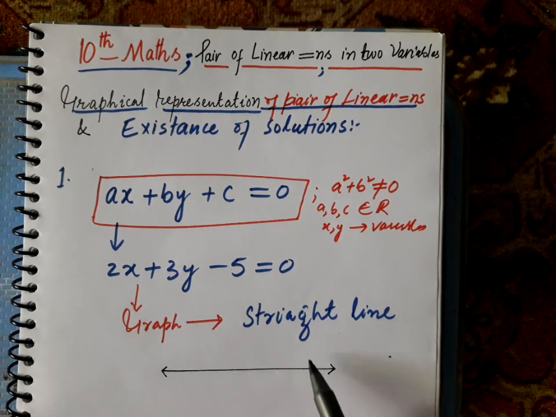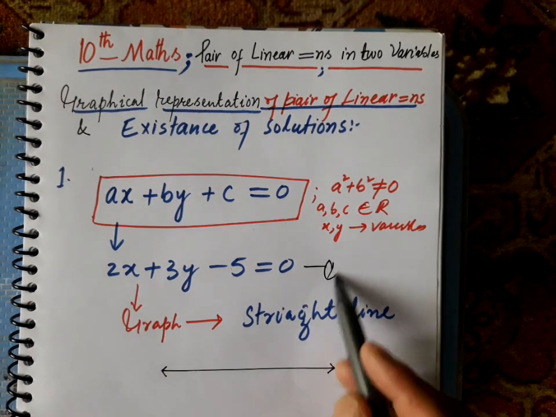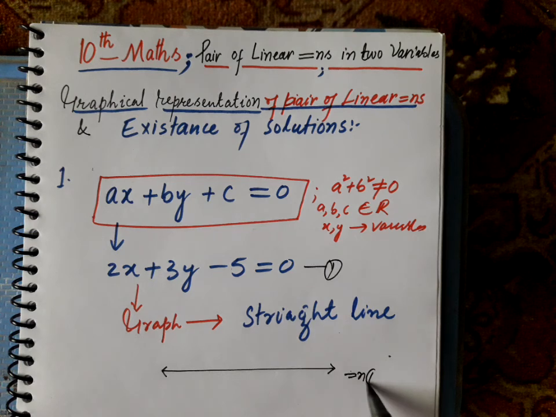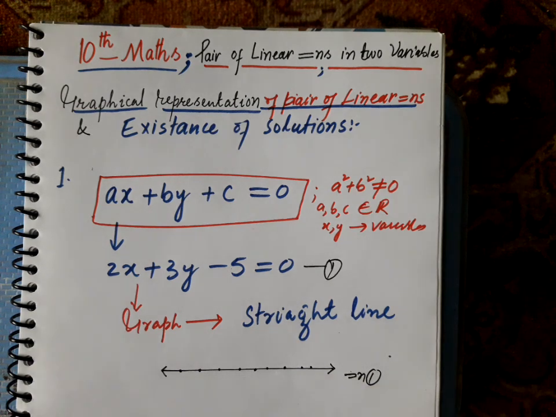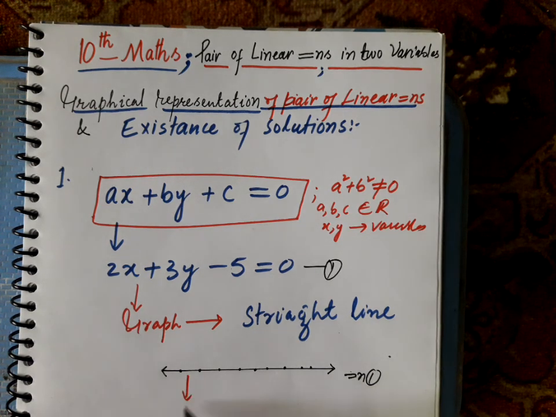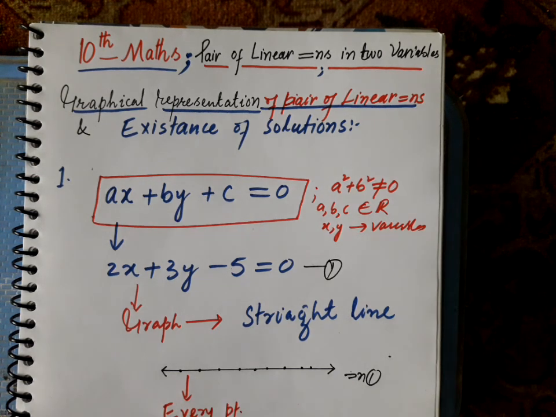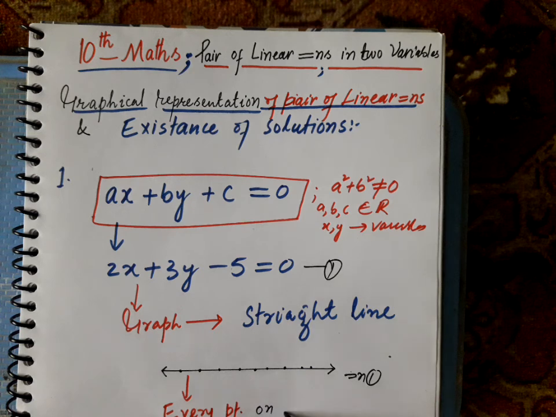Every solution of the equation is a point on the line. So a line has an infinite number of points. Every point on the line will represent a solution.